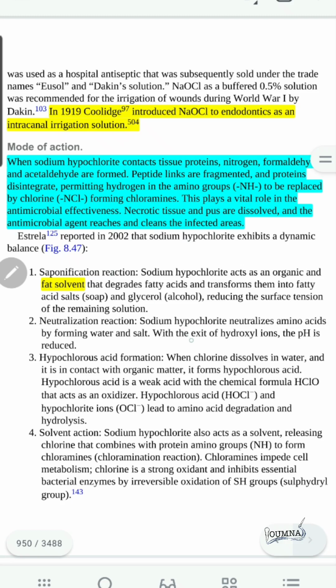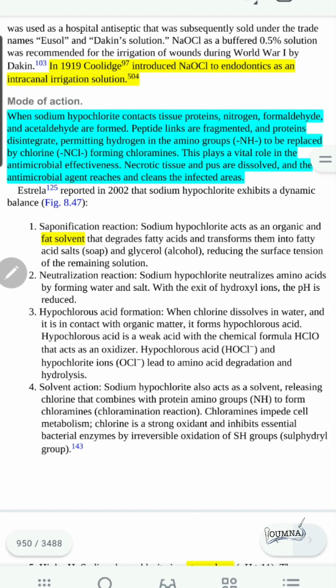Its mode of action is that it breaks the peptide links of the proteins, and it combines with the amino group and releases hydrogen. So we get NaCl chlorine, which plays a vital role in the antimicrobial effectiveness.